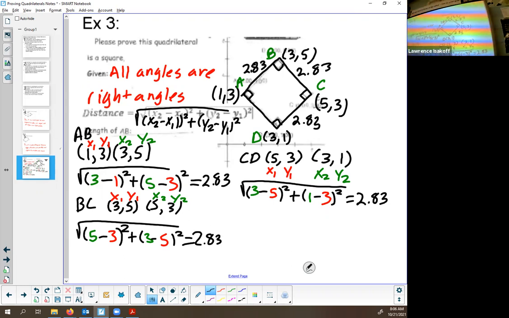So now let's go to that last side. It doesn't matter what order you go in. I'm just going to say I like going alphabetical. I'm going to call it side AD. If you wanted to call it side DA, it doesn't matter. The distance, the length of it is the length, regardless of what order you do it in, right?